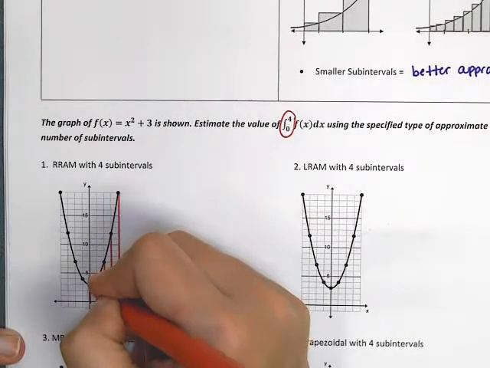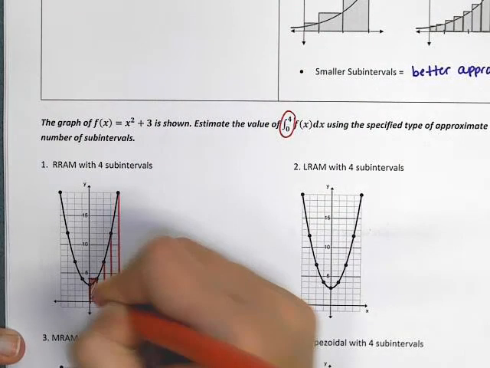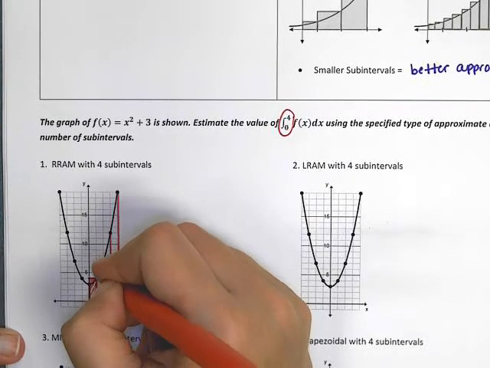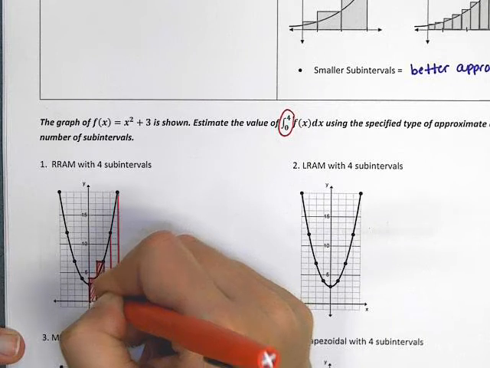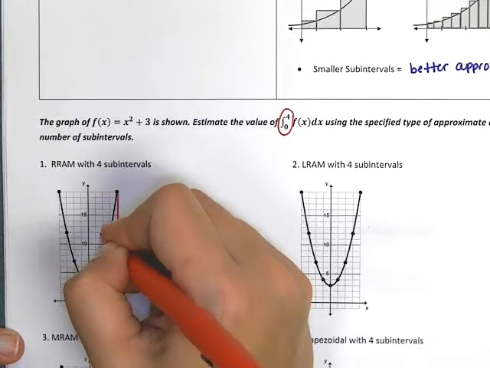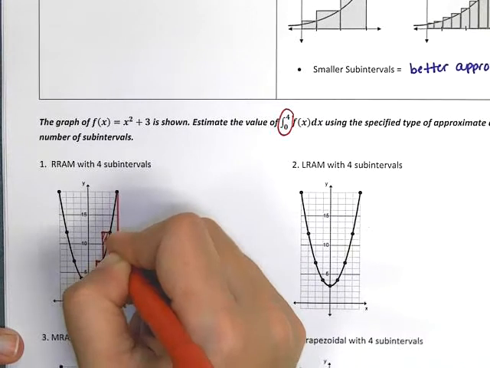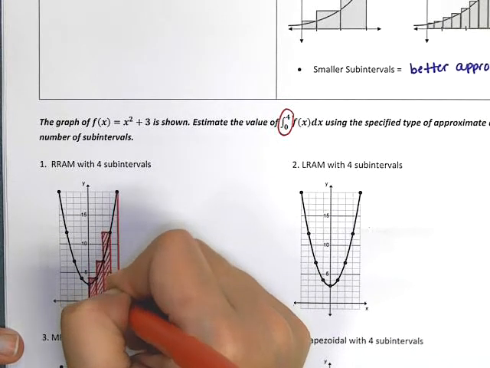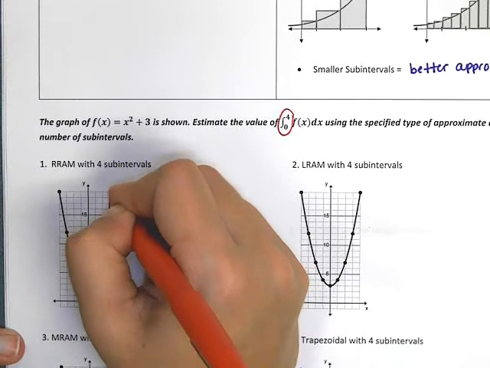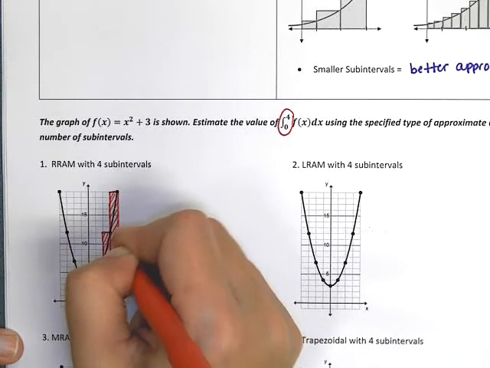So this would be my first rectangle. Between the 1 and the 2, the right side would be the 2. So this would be my next rectangle. Between the 2 and the 3, the right side would be the 3. So here's my next rectangle. And between the 3 and the 4, the right side would be the 4. So here is my last rectangle.